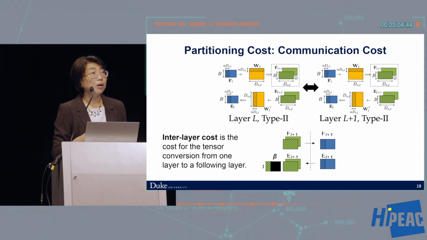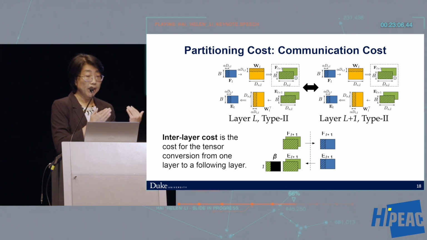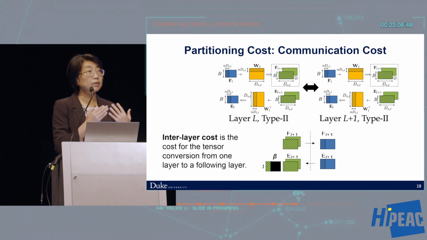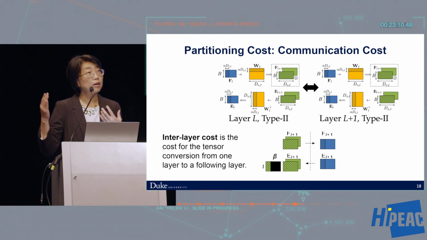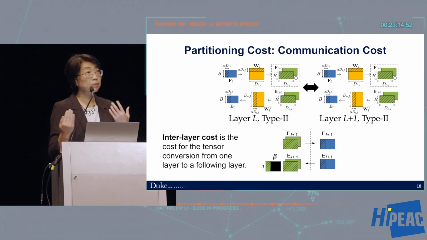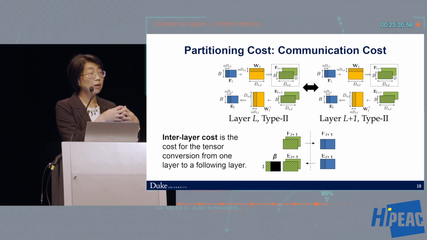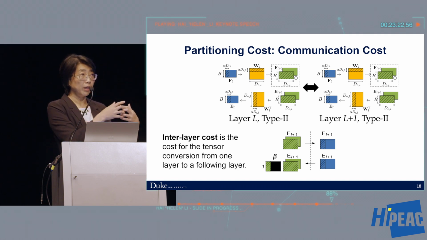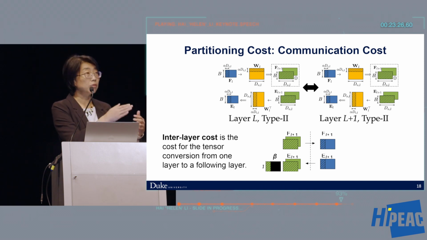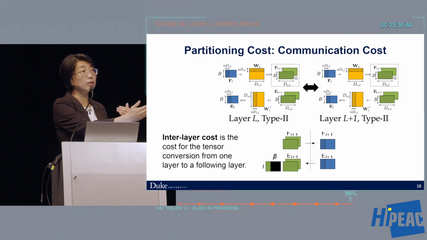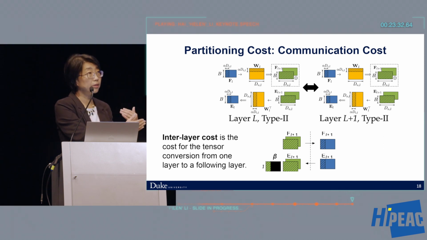And on the backward path, the situation is correspondingly different. On the backward path, each accelerator for layer L+1 generates a portion of the results, and then we need to concatenate them together, producing one error map, and then this error map will be duplicated and distributed across accelerators.